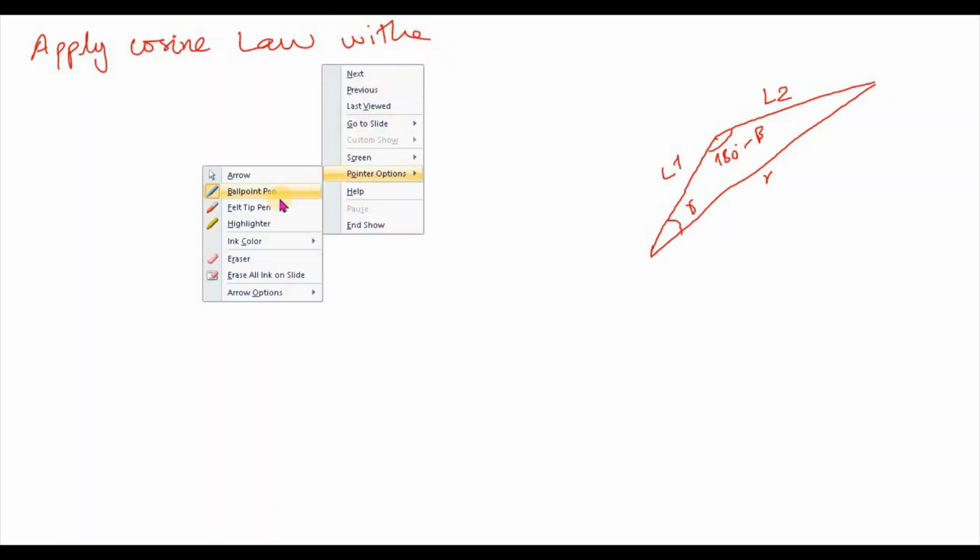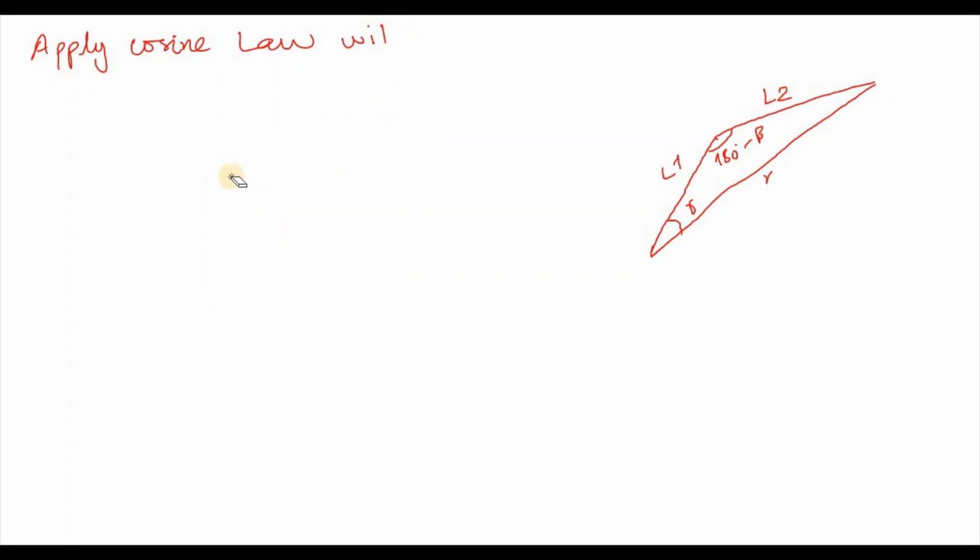This length was R, this was your L1, and then your L2 here. So let's apply the cosine law here once again, with central angle gamma.